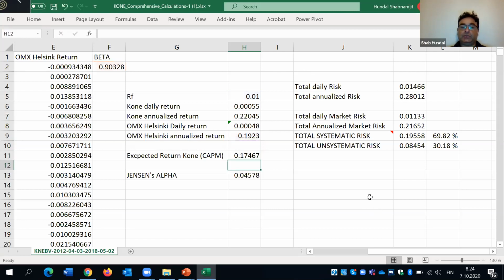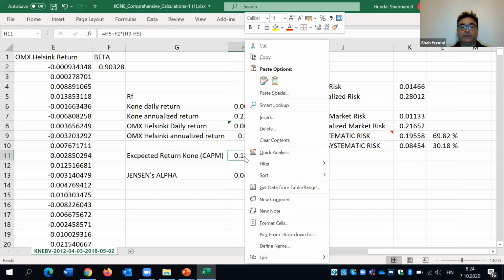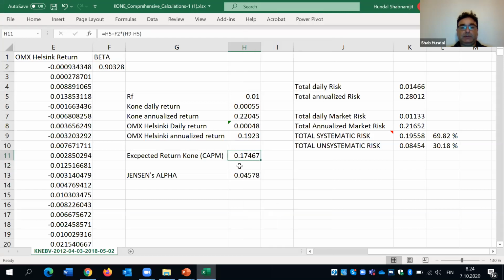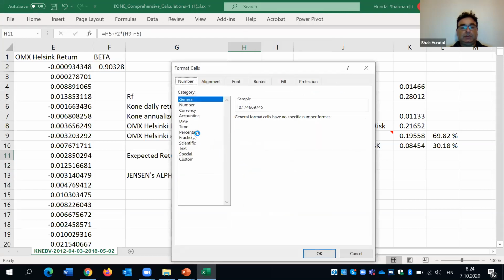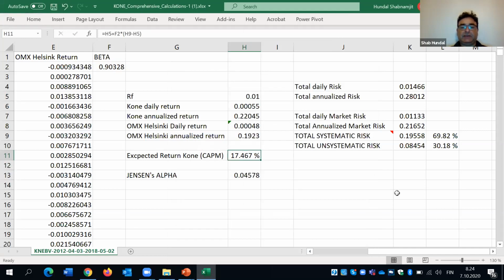And once you solve it, it comes to be 0.17467. If I format this to a percentage with 3 decimal points, then it becomes 17.467.